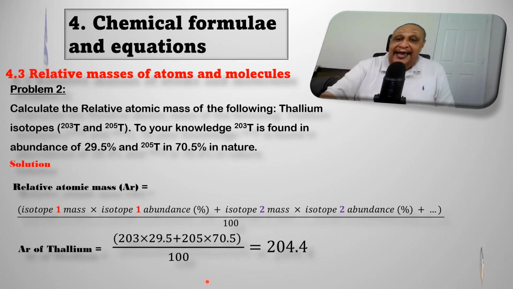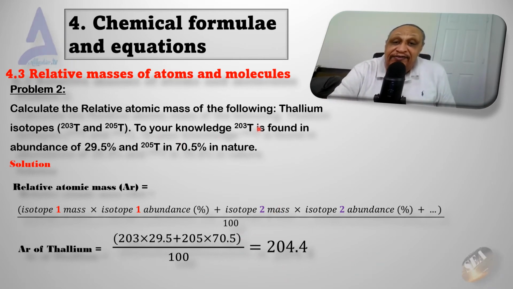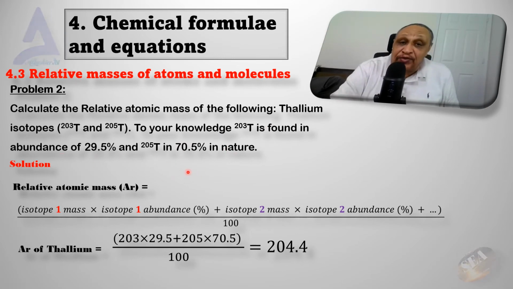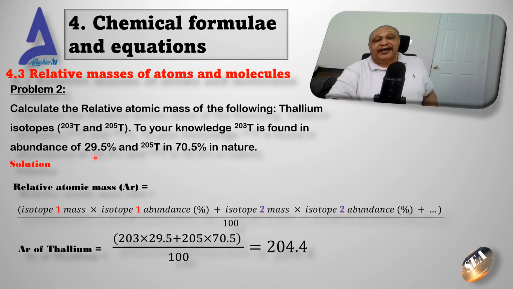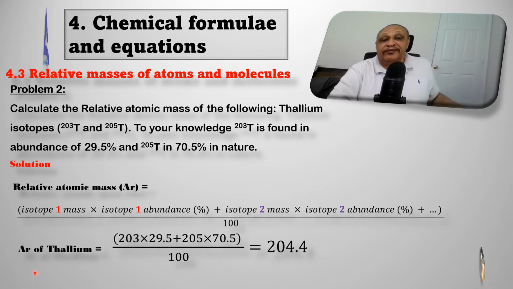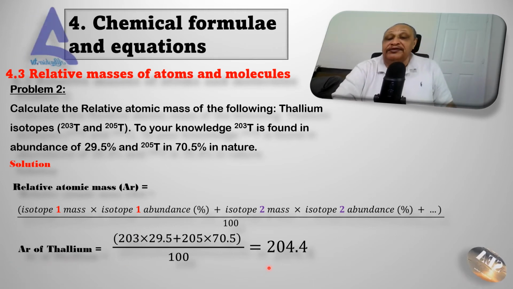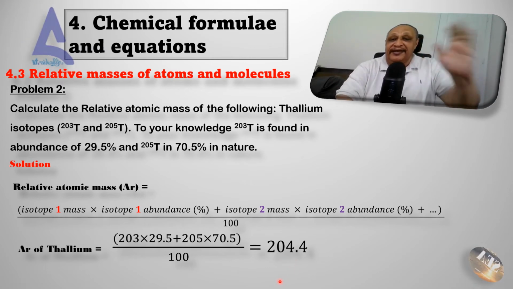And here we see that it leans towards 205 because 205 contributes more compared to the other one. 205 contributes 70%, while 203 contributes only 29.5%. So the relative atomic mass of thallium is 204.4. Let us go.